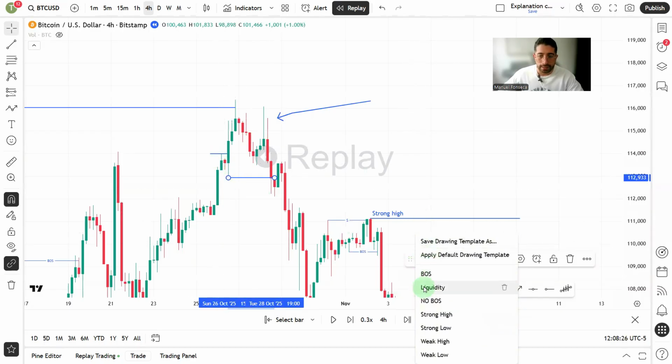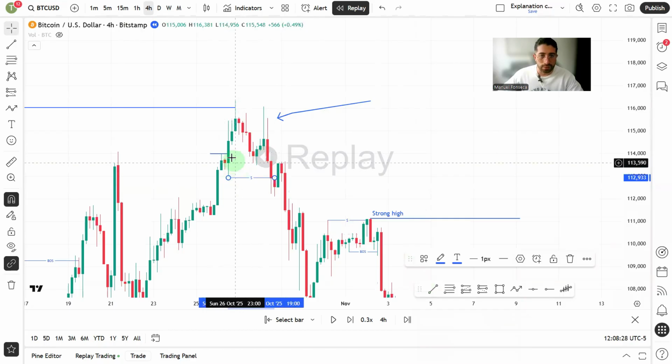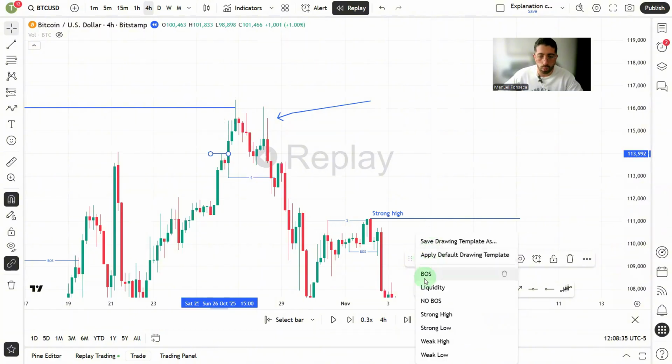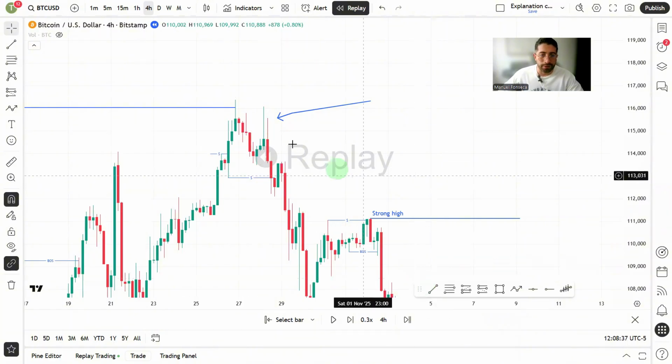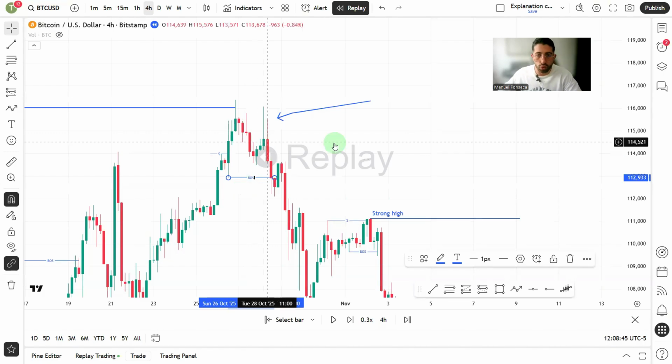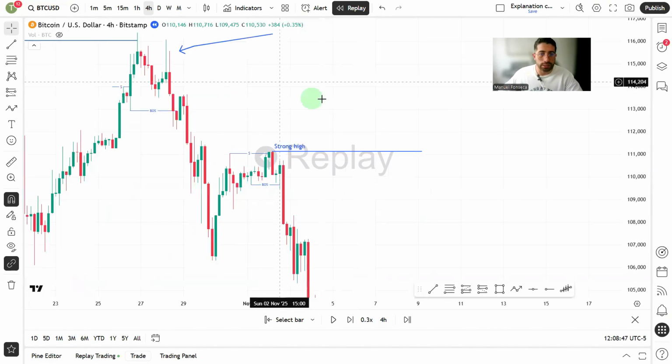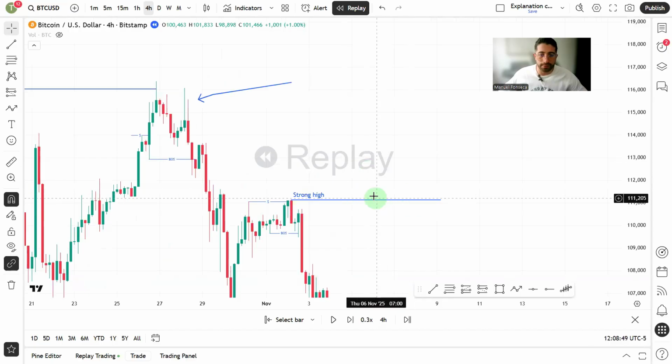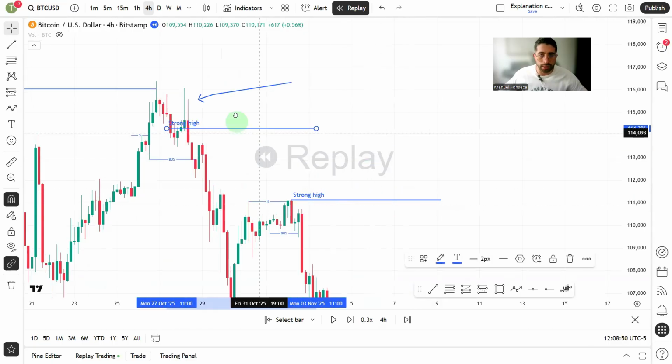Yes, perfect. And then we have here the break of structure, right? With the body of the candle. So we could say, well, both this one and this one confirm our strong high patterns.